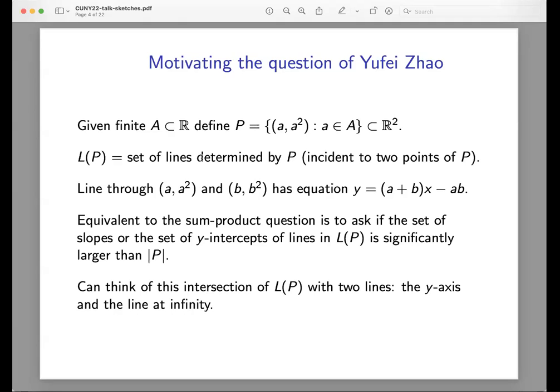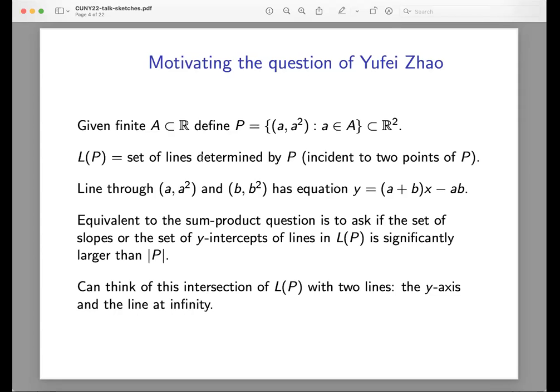If you consider this set for these finite point sets on the parabola, you see that the line that goes through the point (a, a squared) and (b, b squared) has a very nice looking expression: y equals (a plus b) times x minus ab. So the lines in L_P have slopes that come from the sumset of A, and they have y-coordinates that are minus the product.